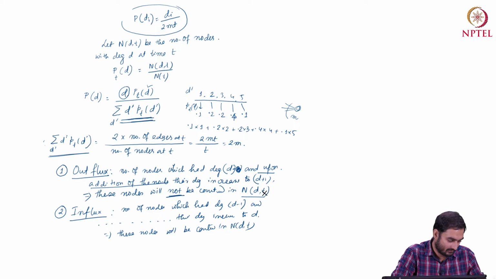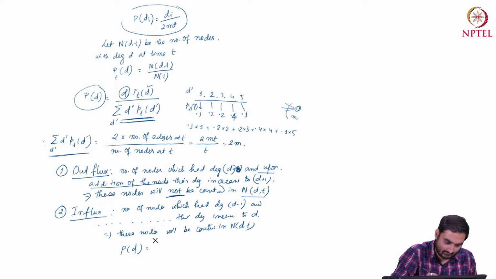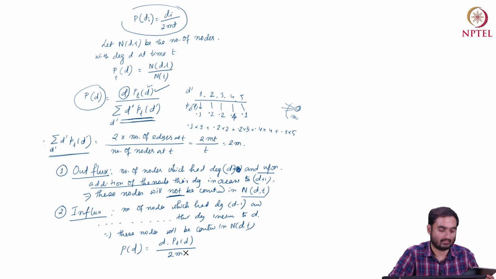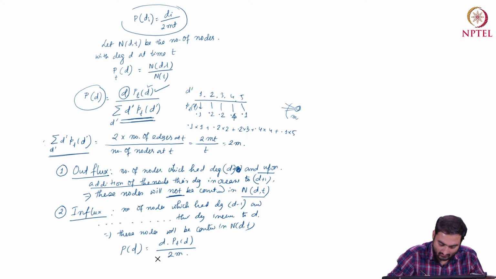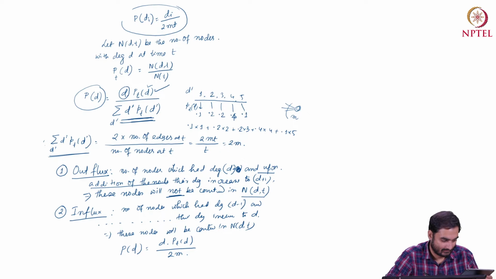Now, here we have seen that P of d is d times n of d comma t divided by 2m, the probability of a particular degree d. Remember, when a particular node comes in, one of these m edges will be connected to a node. It will not happen that the same node will again be chosen for another edge.